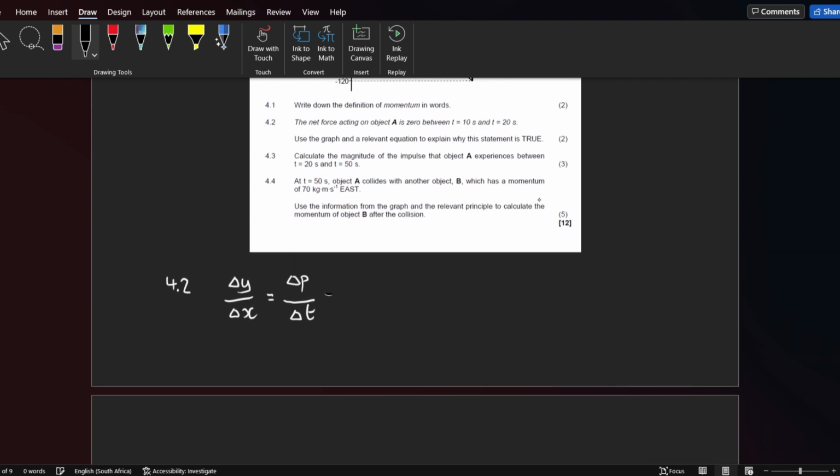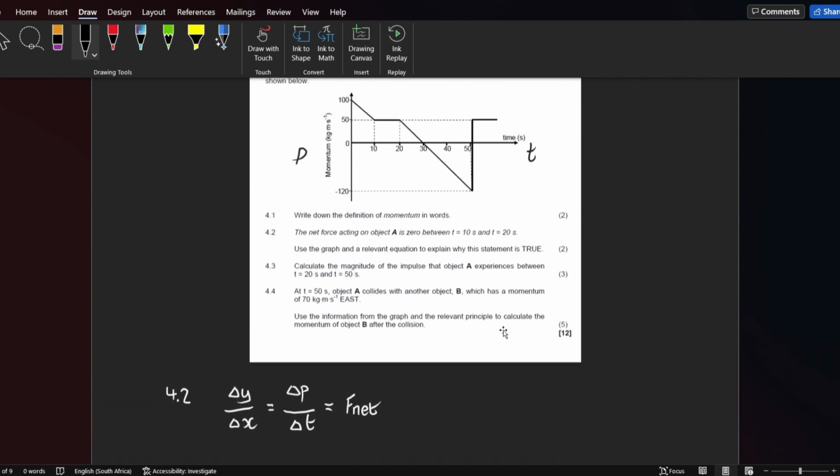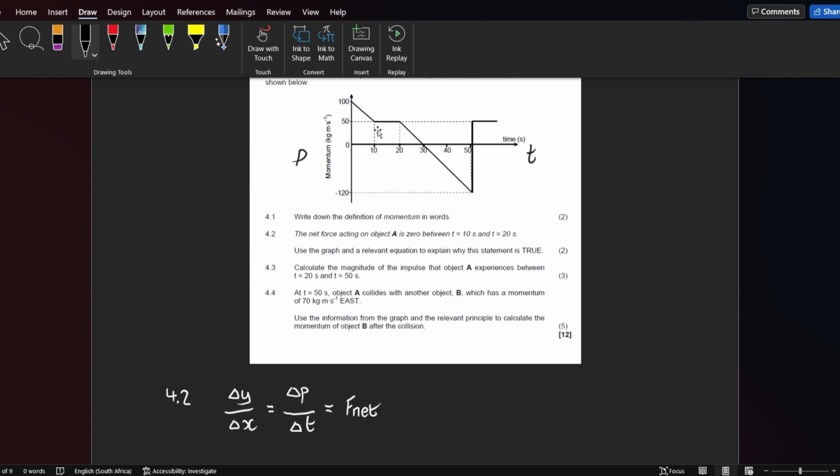And from our physics equations, we know that the change in momentum over the change in time, or in other words, the rate of change in momentum of an object, is the net force. So we need to look at the gradient between time equals 10 seconds and time equals 20 seconds. If the gradient is 0, that means our net force is 0. And we see that since it's a straight horizontal line, the gradient will be 0. Therefore, our net force is 0. So that's using the graph.